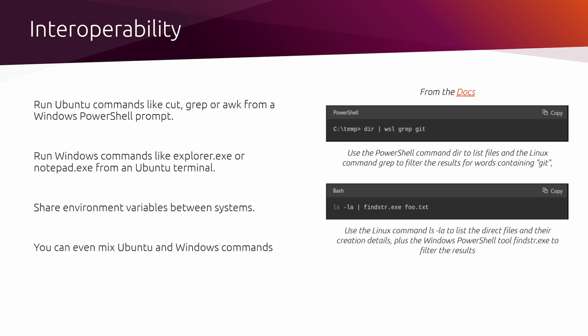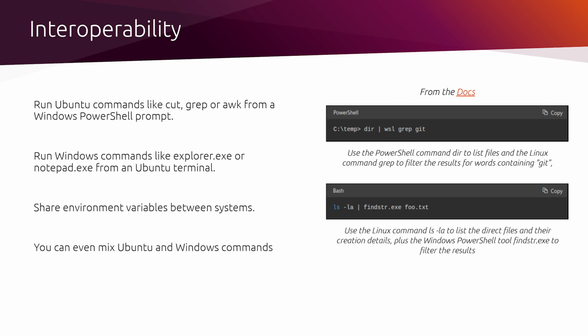So that's for the file system interop. And then you have the command interop. This is the magic behind WSL. You can pipe a PowerShell command with bash commands. For example, here we see a dir piped to wsl grep git. So you run a dir command and you grep for git. Grep will be executed as a Linux command and dir will be the PowerShell command.